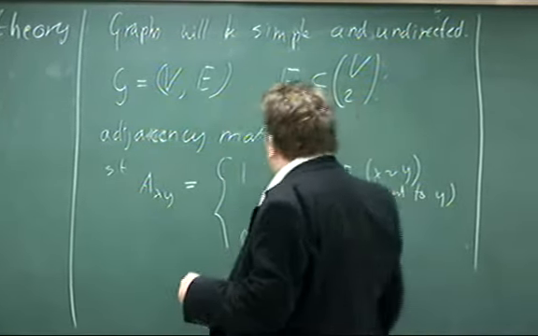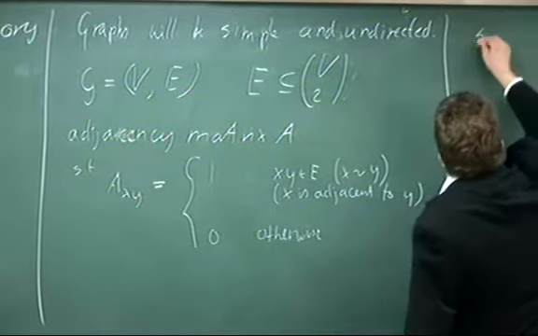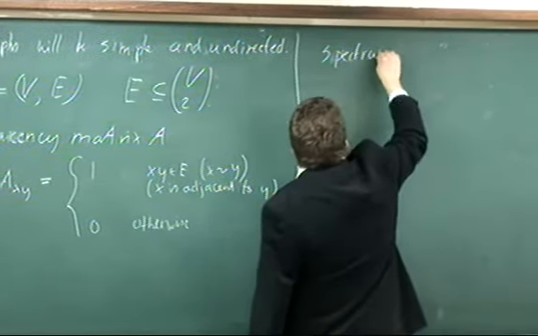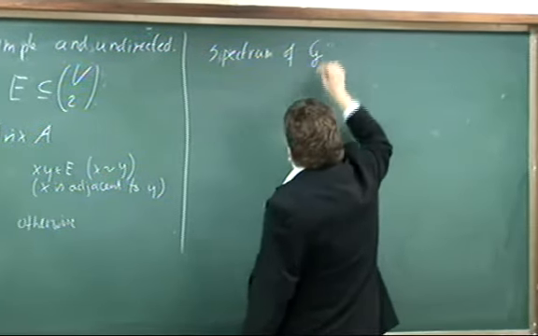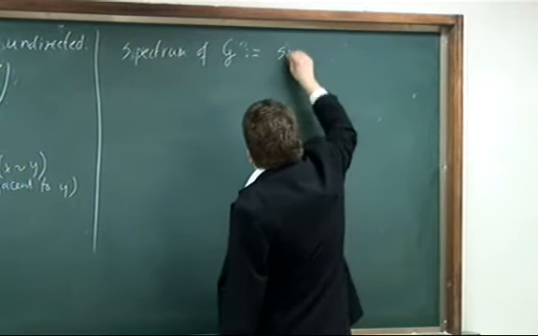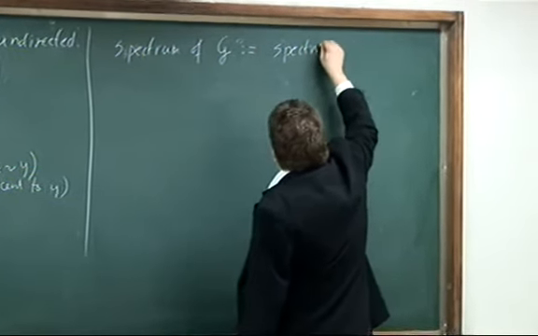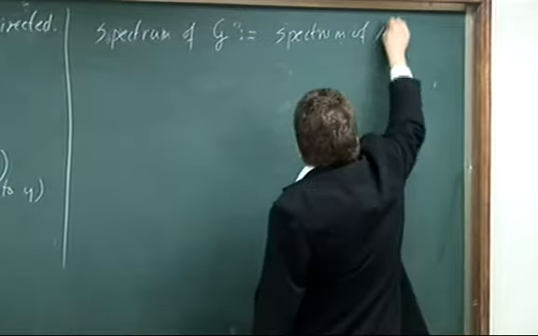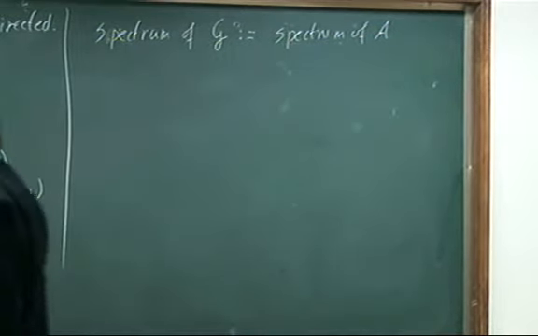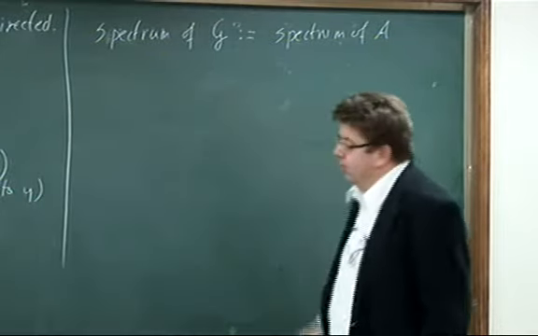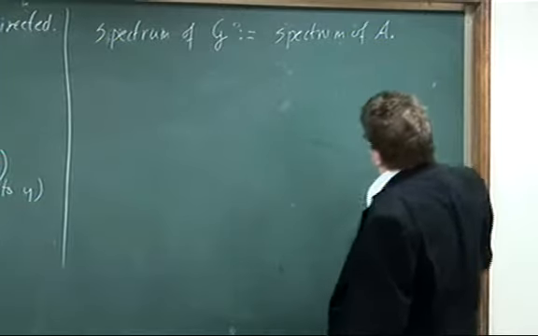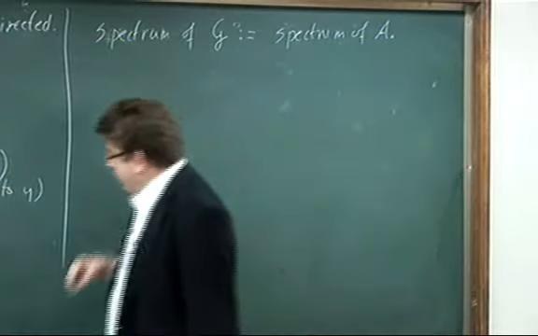So what we are going to do is look at the spectrum of G. And what is that? That is defined as the spectrum of A. And this is well defined, because all adjacency matrices are similar to each other. You have to worry a little bit about that, but that is very good.